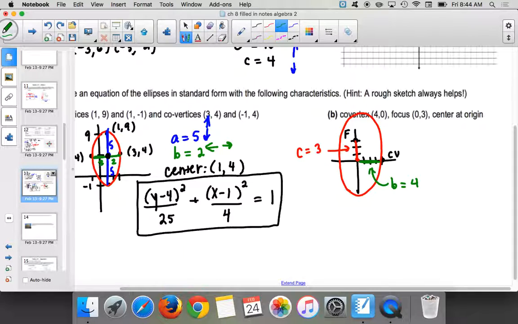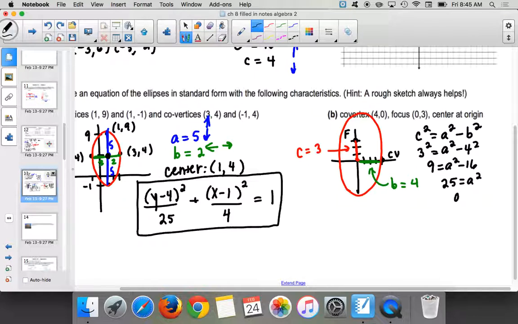What do you think, Michael? A squared minus B squared. Yep, exactly. So we're going to have 3 squared equals A squared minus 4 squared. So 9 equals A squared minus 16. We add the 16 over, so we get A equals 5.